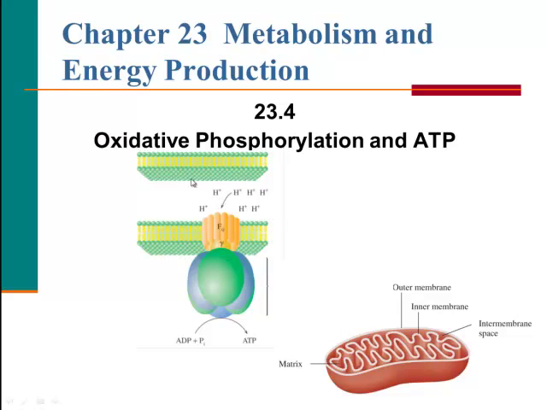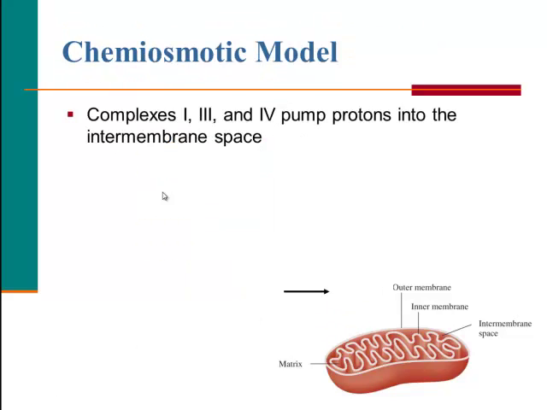So this is the outer membrane of the mitochondria right here. This is the inner membrane of the mitochondria, these little indentations. And then these protons are accumulated within the space between the membranes. So there's going to be low proton concentration inside the matrix, which is the space all the way on the inside, and high proton concentration here, which is established during the movement of the electrons through the electron transport system.